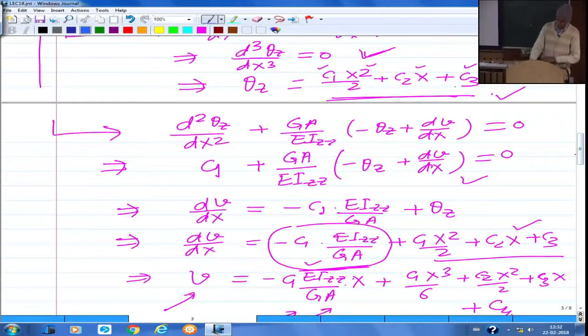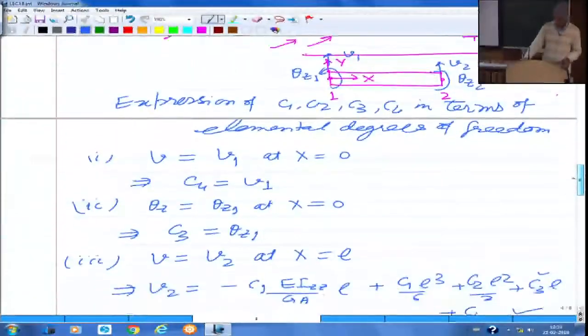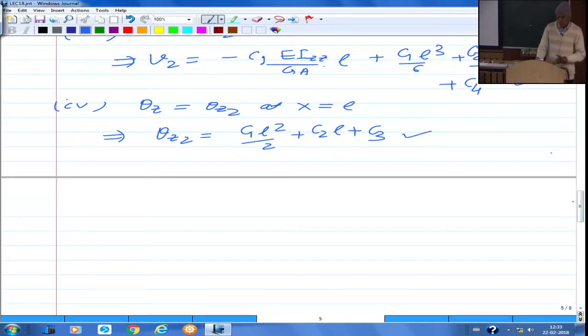So you can complete this exercise of finding the shape functions in terms of values of the variable at node points: finding C1, C2, putting into the expressions for V and theta z, and then rearranging, collecting the coefficients of V1, theta z1, V2, theta z2.